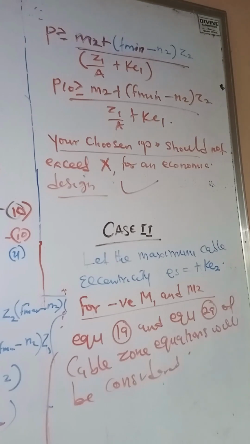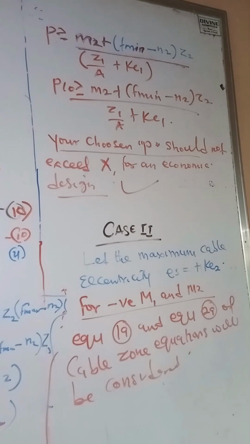Now we'll look at case 2. Let the maximum cable eccentricity become Ke2, which is the cable eccentricity with respect to fiber 2. At the support of the beam, the maximum eccentricity is positive because at this point it is above the neutral axis.